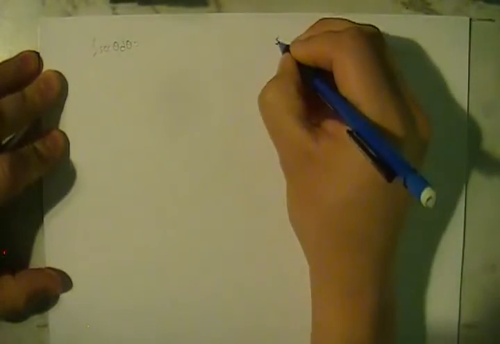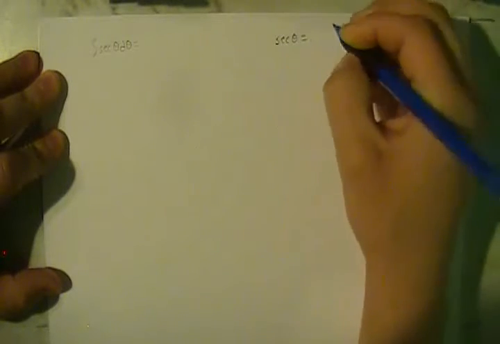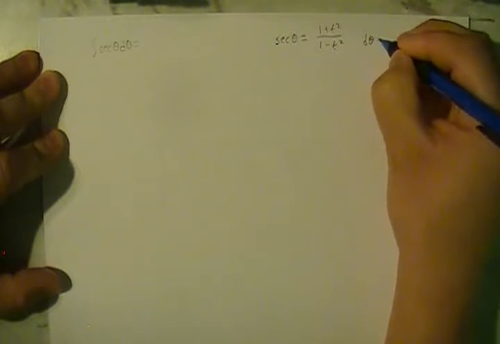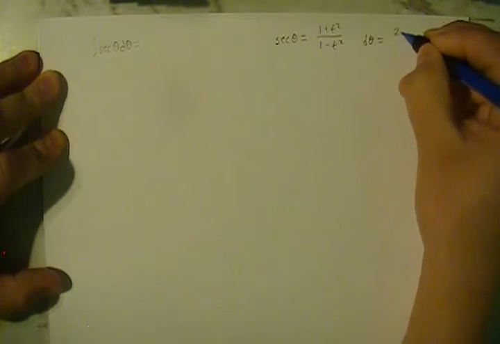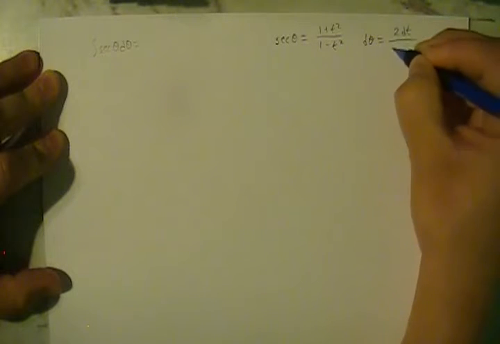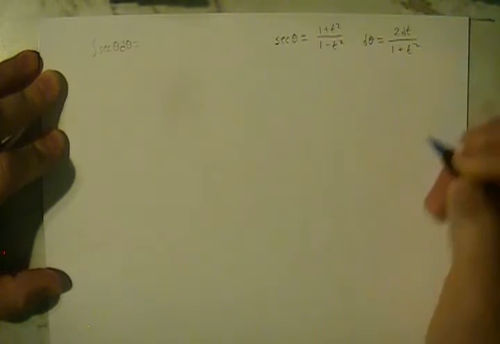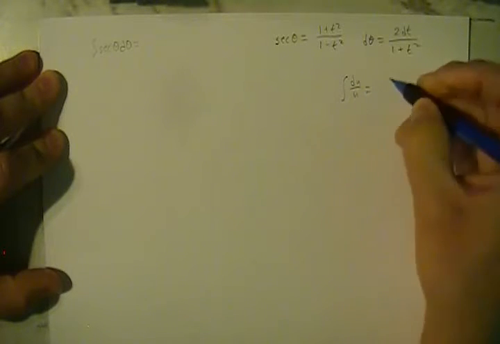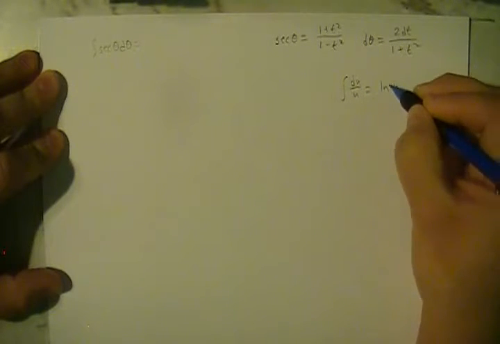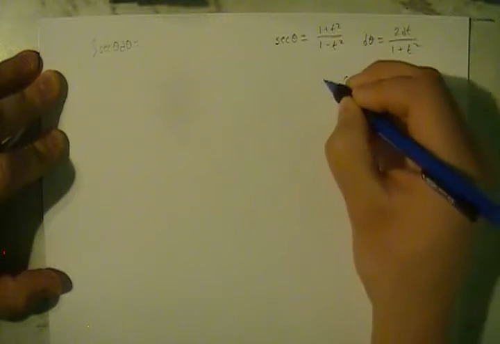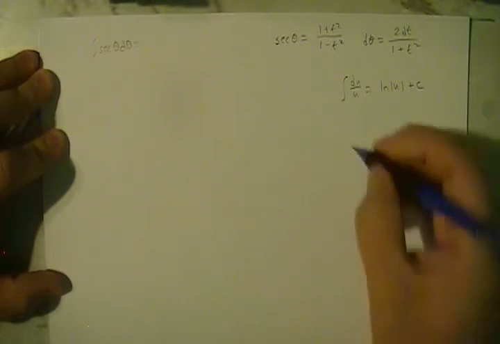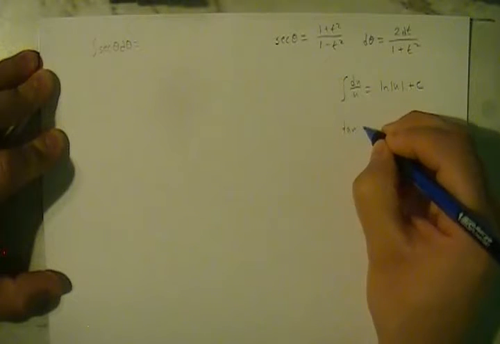So just a reminder, our secant theta was equal to 1 plus t squared divided by 1 minus t squared. D theta was 2 dt divided by 1 plus t squared. And I guess we're going to need this fact as well, so I'll go ahead and write this.